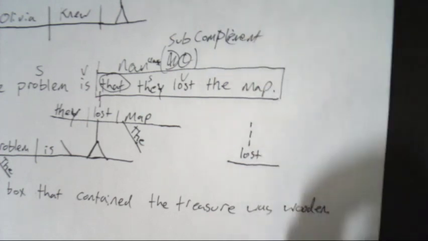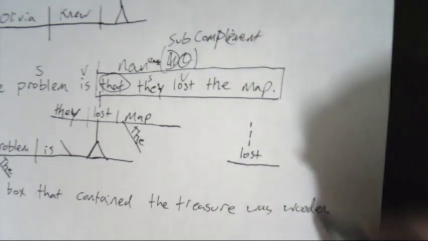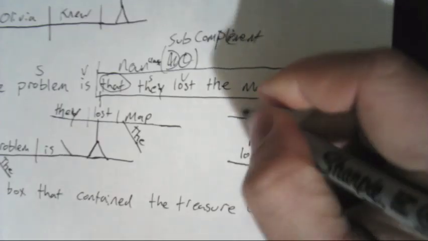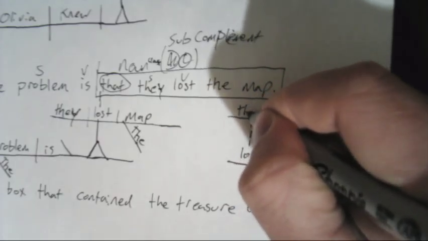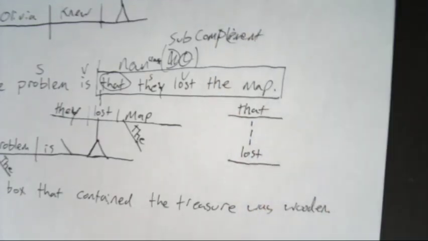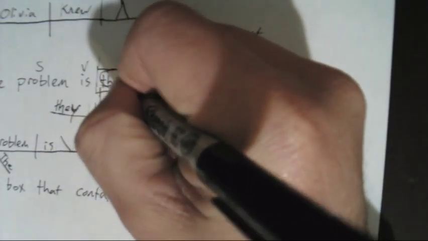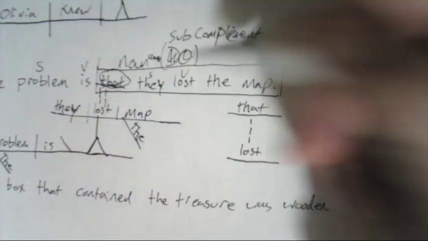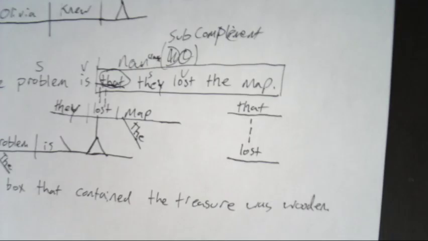I'm going to do a dashed line off the top of that lost, and just kind of dangling up here is that. That is a dangler because it's really not modifying anything. It's really not helping the sentence out at all. It's just extra weight. But we are going to attach it. I guess I could have just drawn a line under that right here. And there. That's how it looks.